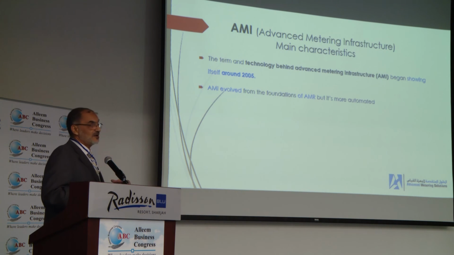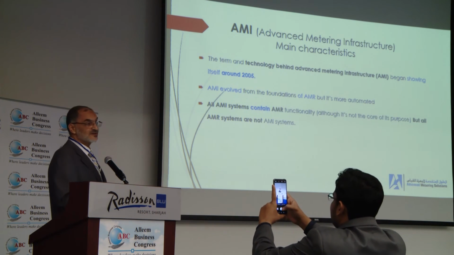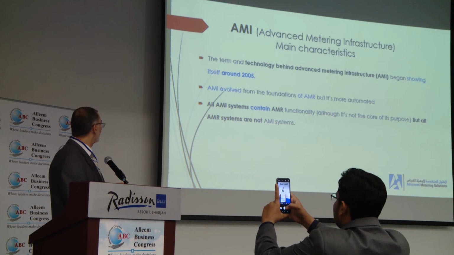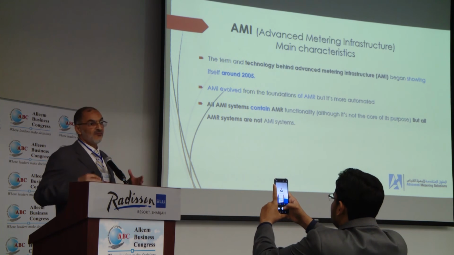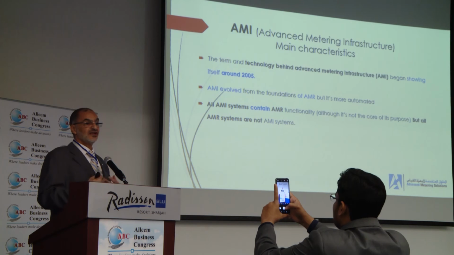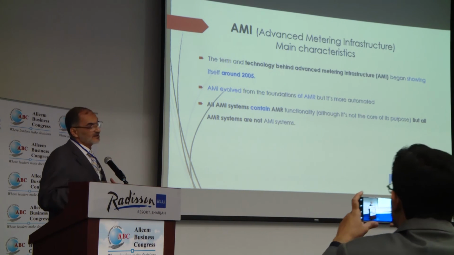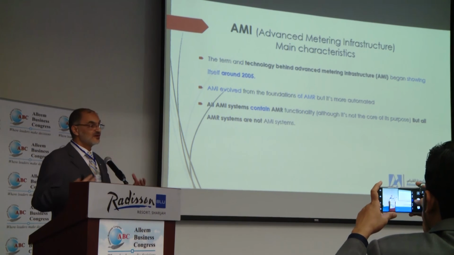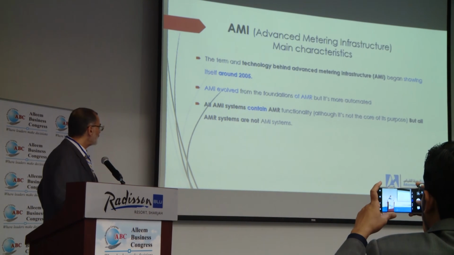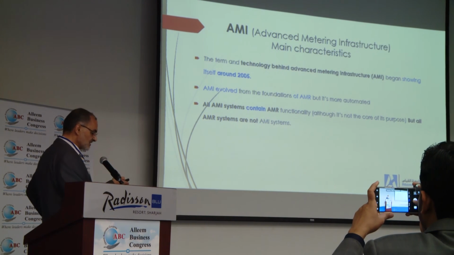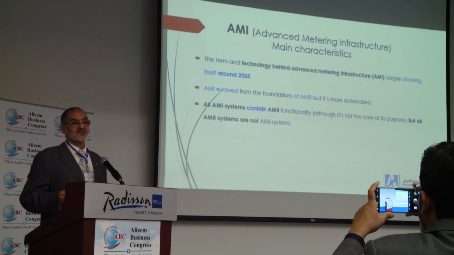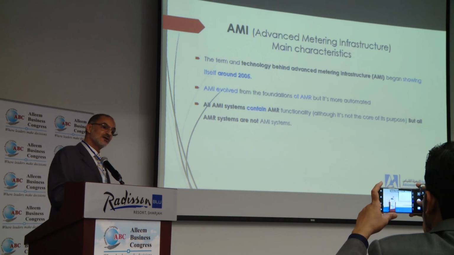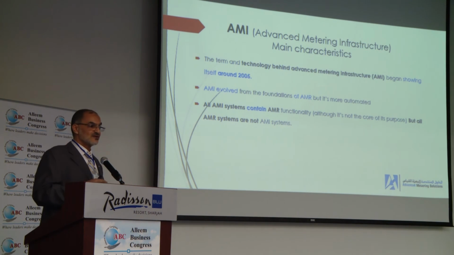So AMI started from where AMR ended, but AMI obviously is more automated, and AMI contains inherently AMR, but it was not designed or implemented usually to do the automatic meter reading only, sorry. So all AMI systems are AMRs, while it is not the other way around.